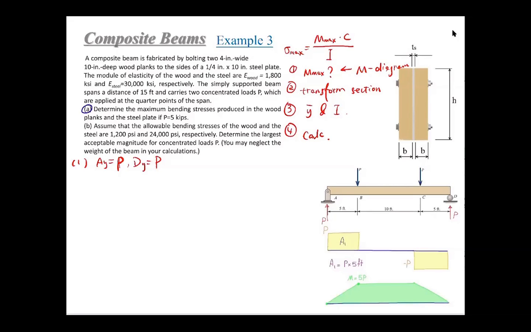Then on that, we calculate the area A1 and then A2. Then we can draw the M diagram here. You can see that the maximum bending moment is 5P, P times 5 feet.